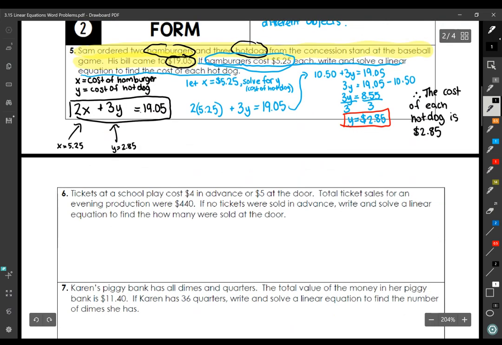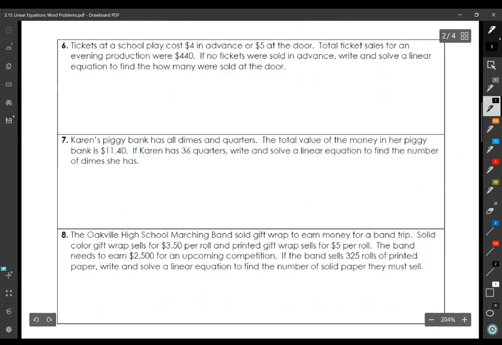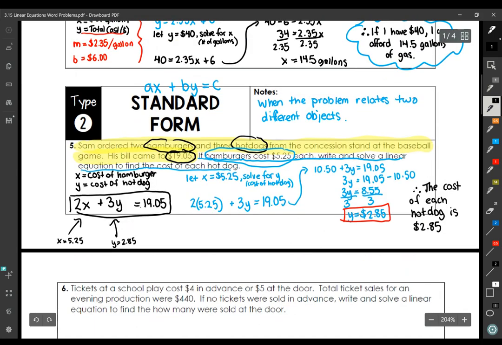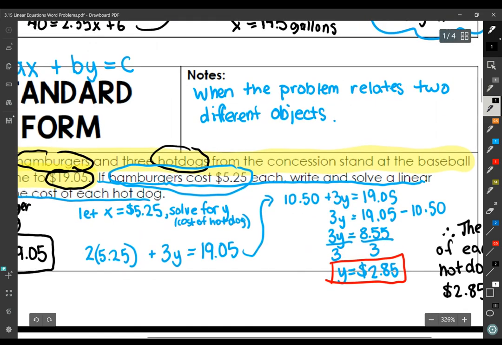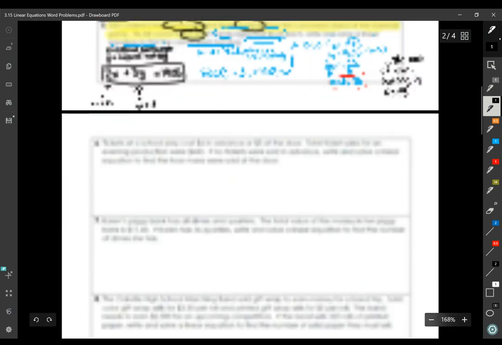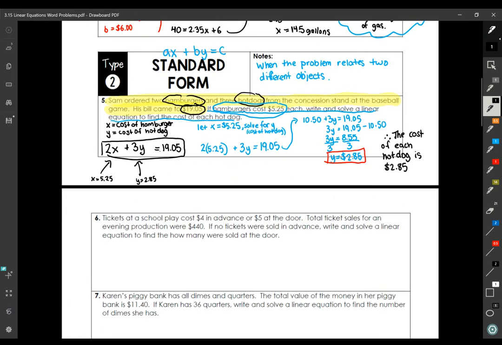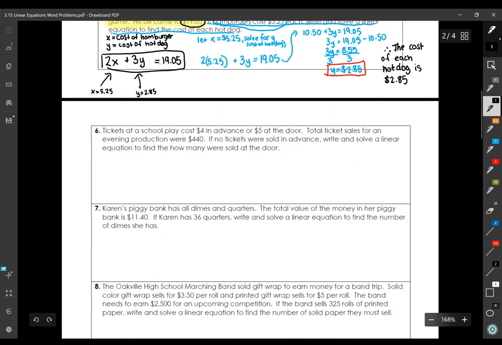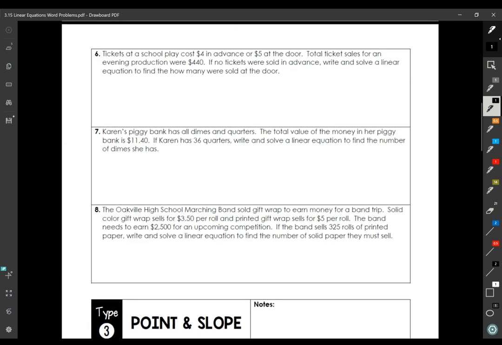Let's move on to question 6. Same thing, we're dealing with problems that relate to different objects. In the first one, we were relating the price of hot dogs and hamburgers. Tickets at a school play cost $4 in advance or $5 at the door.